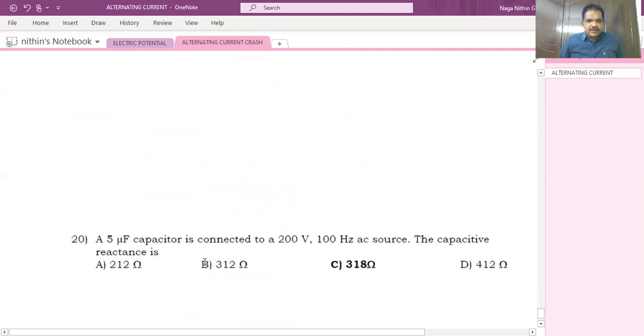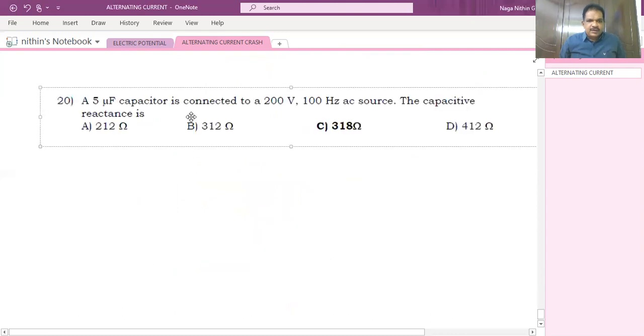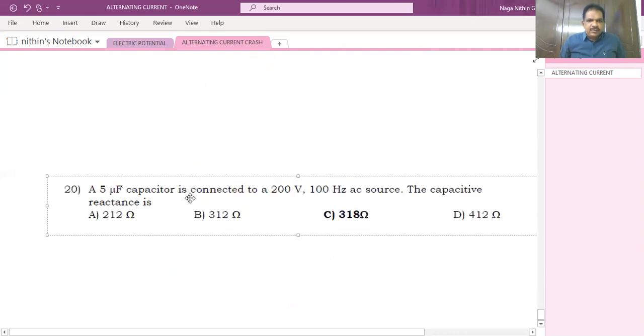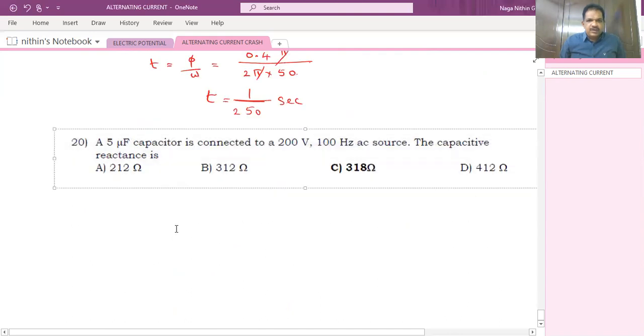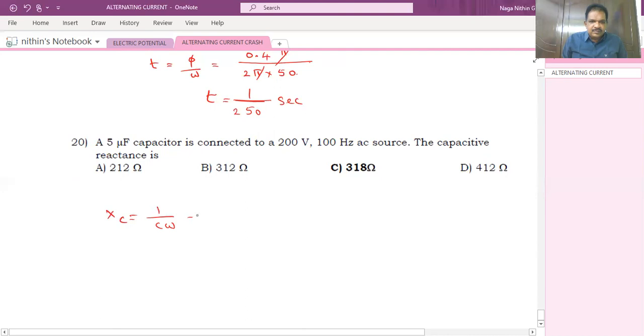Okay. Next, see the next question, what they are asking. 5 microfarad capacitor is there connected to 200 volt, 100 Hz AC source. Capacitive reactance is 1 by C omega. 1 by C value 5 into 10 power minus 6, 2 pi into 100.